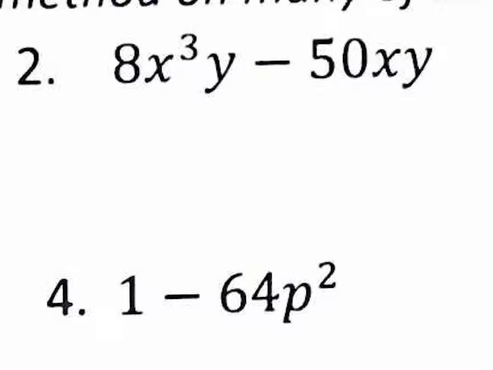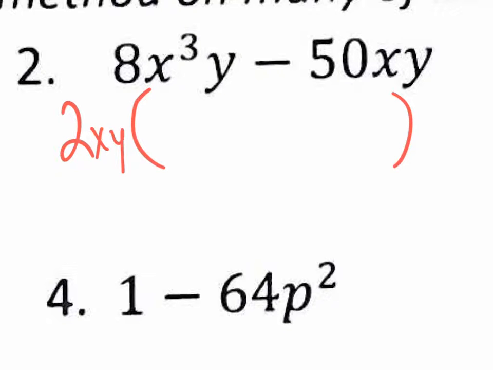Number 2, we do have a difference, but these are not perfect square terms. So you can't do that yet, but you could pull out a GCF. When you look at the binomial, 8 and 50 do have something in common. They have a 2 in common, but they also have x's and they also have y's. So the maximum amount of x's you could pull out is one of them, and there is one y that you could also pull out.